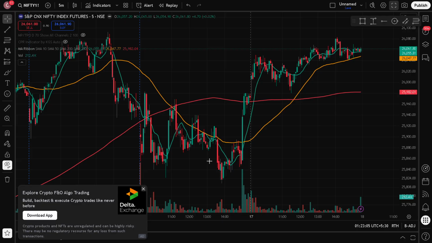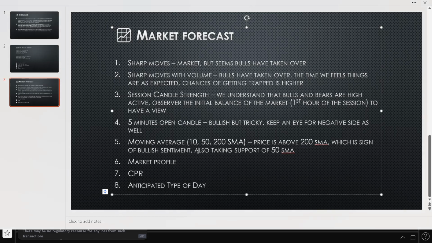So the price is above the 200 SMA and taking support of the 50 SMA. Here also you can see the market had taken good support of the 50 SMA, but eventually the market had a drop. The same thing can happen here also, but as per the moving averages, the market is bullish.